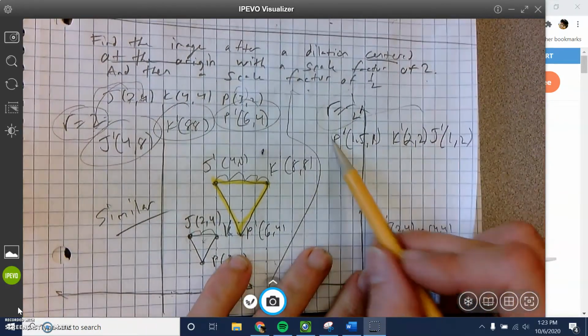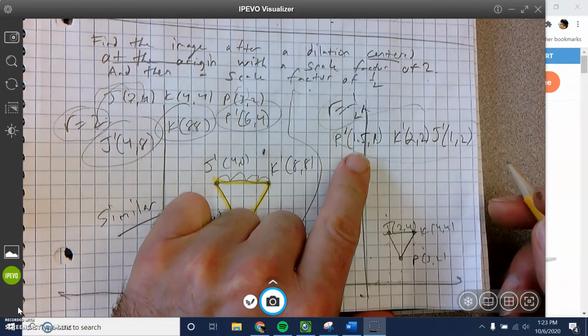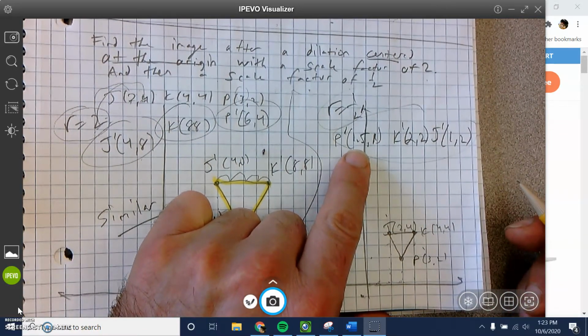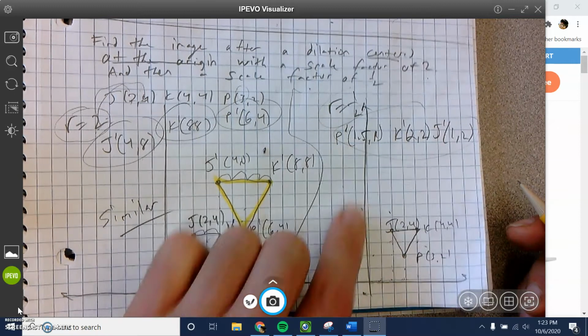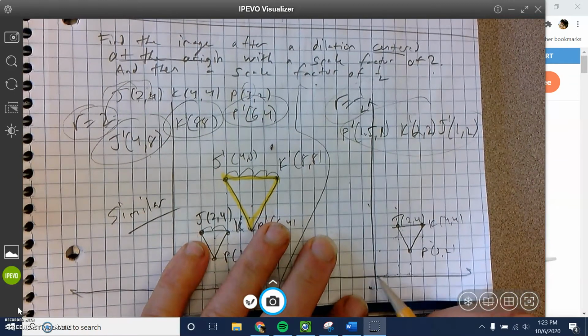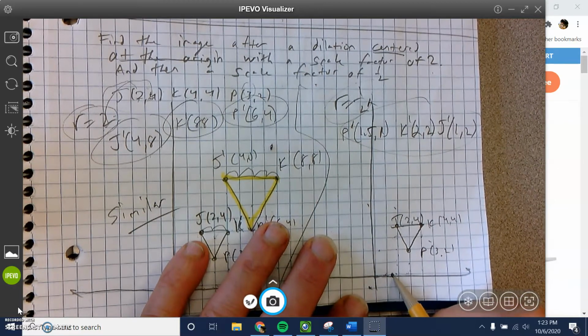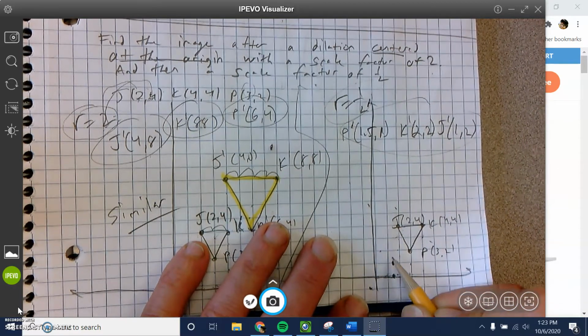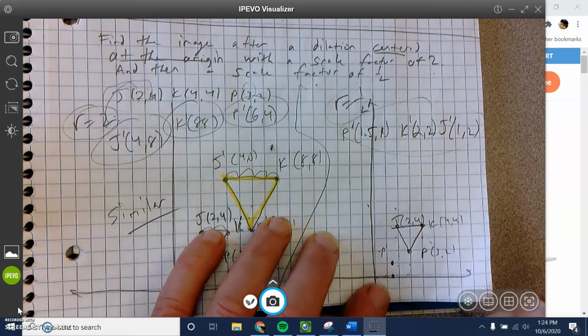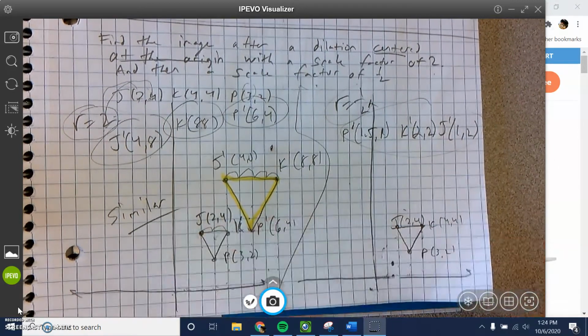Okay, this is what I'm going to do on the graph. So P prime. Can you have a decimal? Yeah, you can. That's okay. So it's 1 1/2. You go 1 1/2 on the x, then you go up 1. So there is P prime.